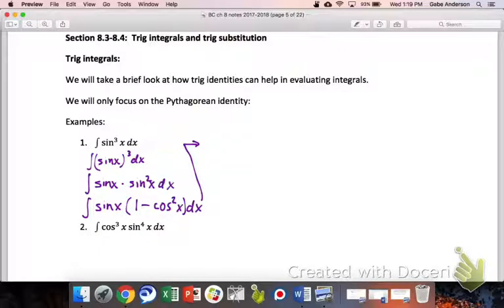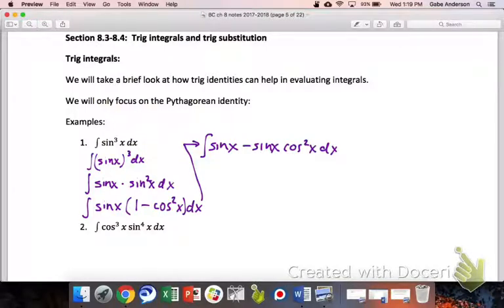Yeah, so the integral of sine times 1 is just sine, minus sine of x times cosine squared of x dx. And this still might not be all that obvious, what needs to happen. What are you allowed to do if you're doing the integral of a sum or a difference like this?